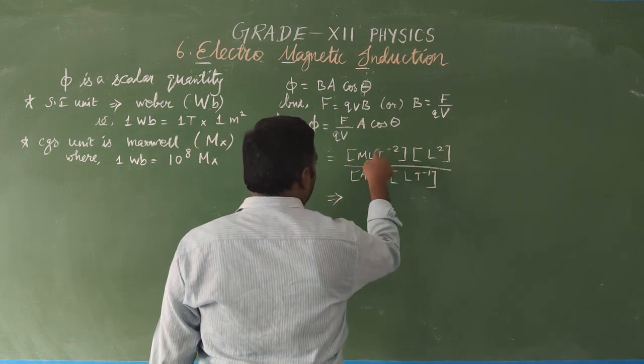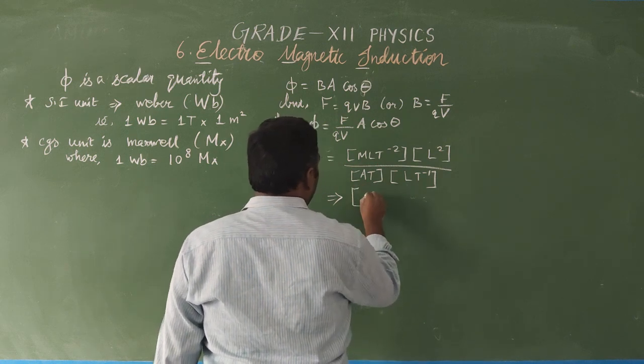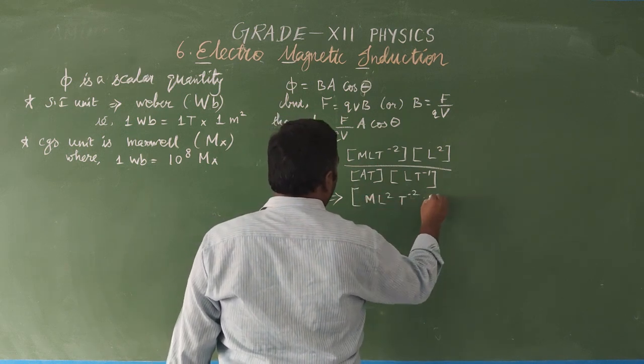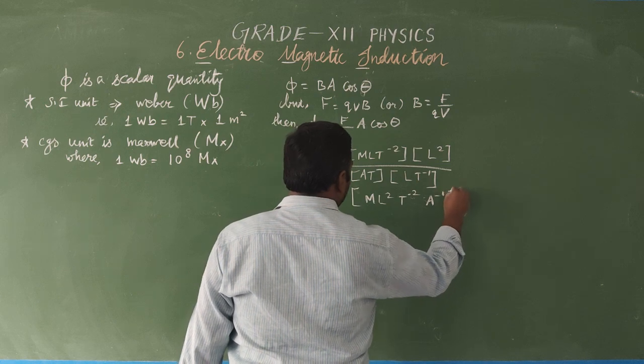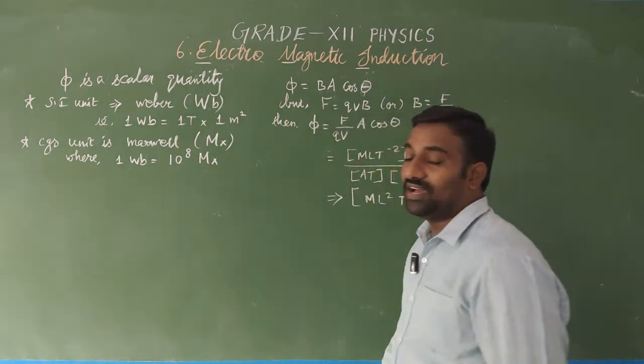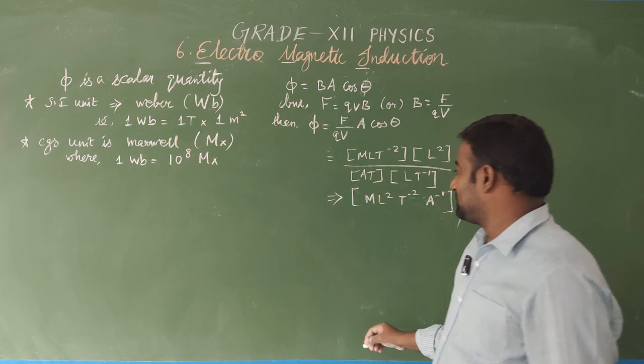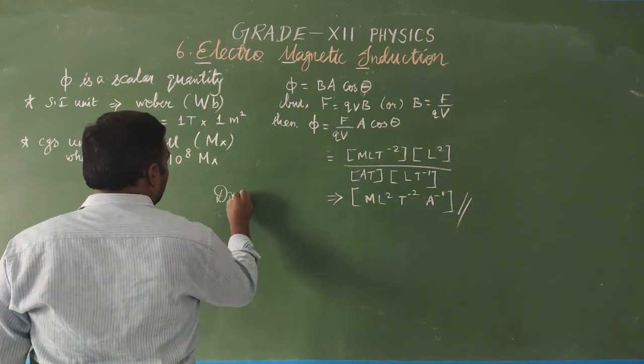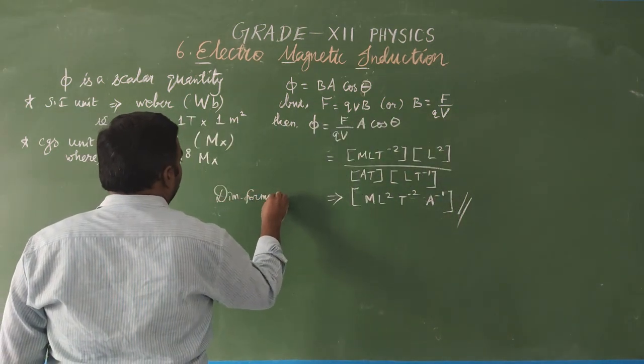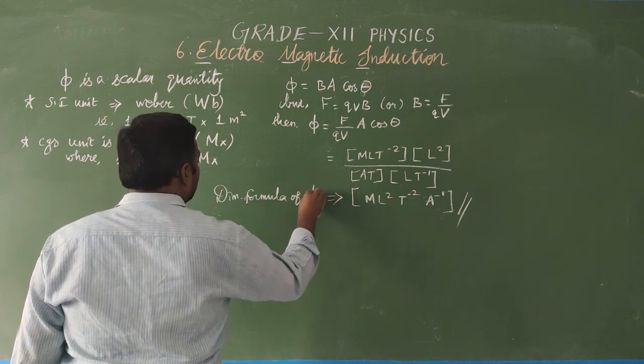Therefore the final dimensional formula after cancelling is ML square T power minus 2 ampere inverse. So this is the dimensional formula of magnetic flux.